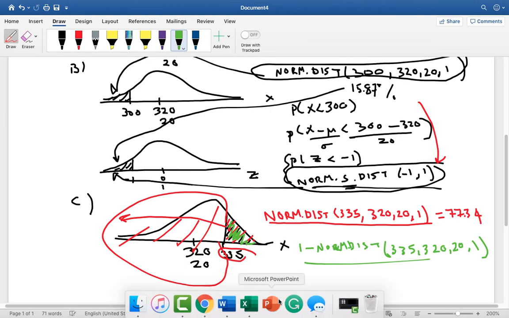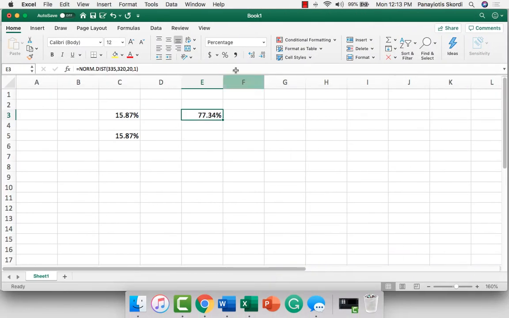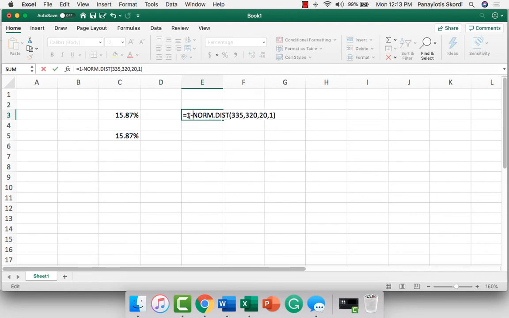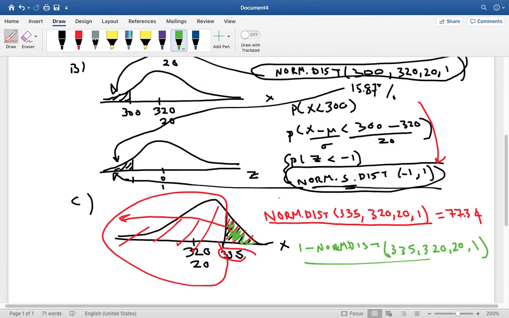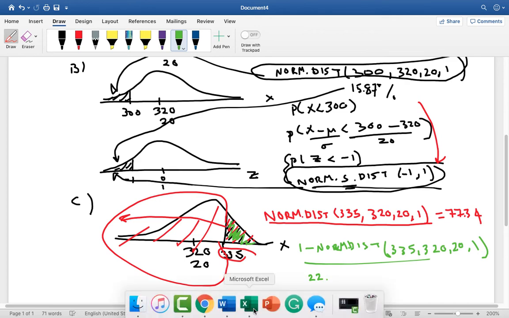So let's just pop over to Excel. So it's in fact going to be 1 minus what we did earlier, and that gives us 22.66%. So the answer that we want is 22.66%. How many decimal places shall we do it to?